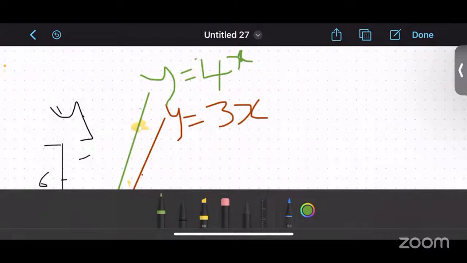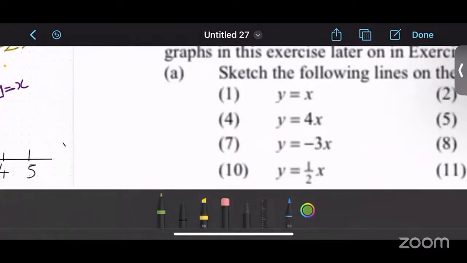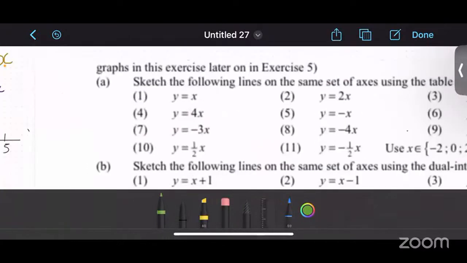Do you guys see that it's starting to get messy? Now imagine if you had to draw a whole lot of these graphs that we're not going to complete, and how messy it'll look after. Okay, do we have any question on A?